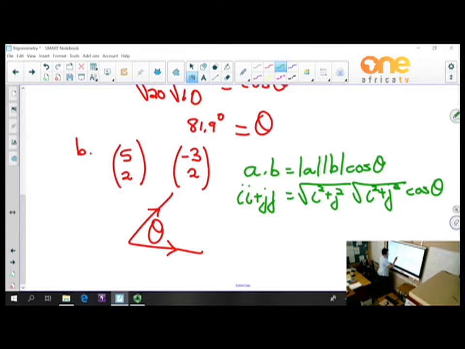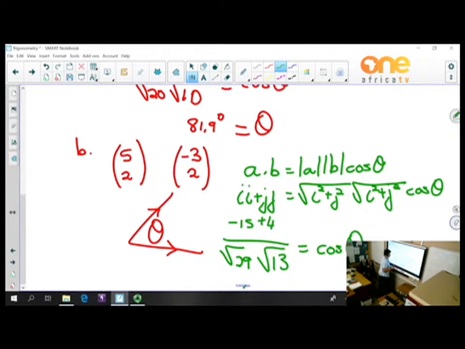5 times negative 3 is then negative 15 plus 4, over 5 squared plus 2 squared gives me the square root of 29. And negative 3 squared plus 2 squared is the square root of 13, is equal to cosine theta.